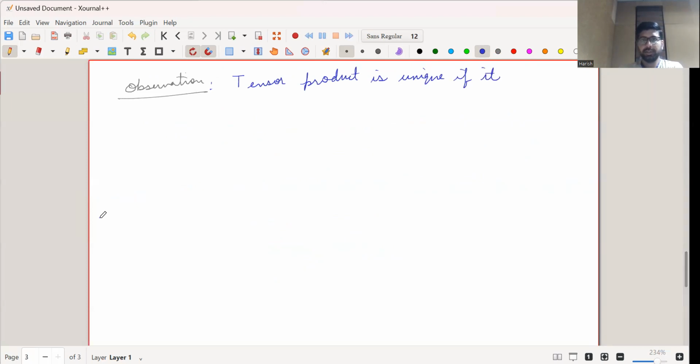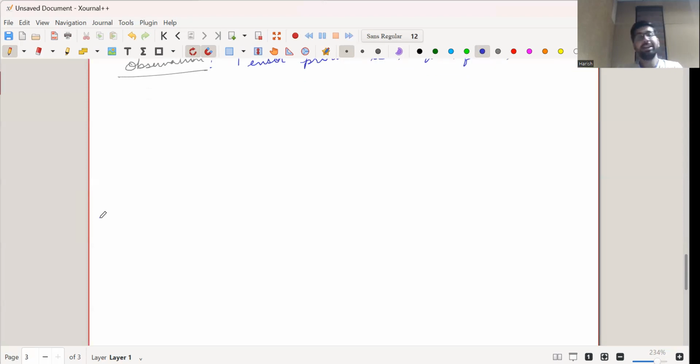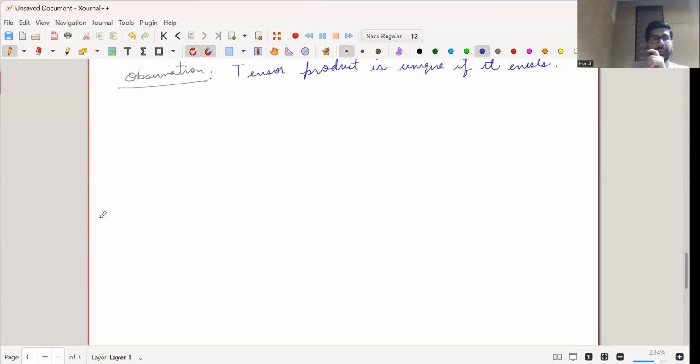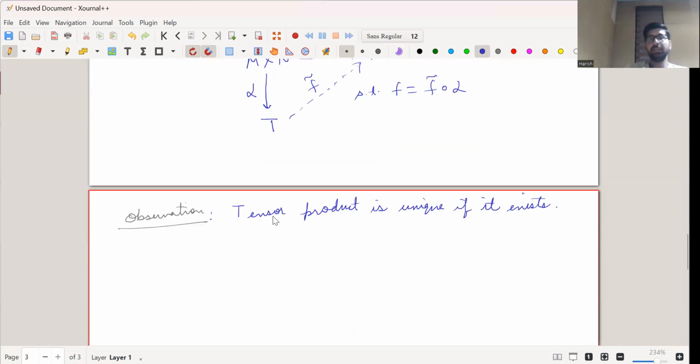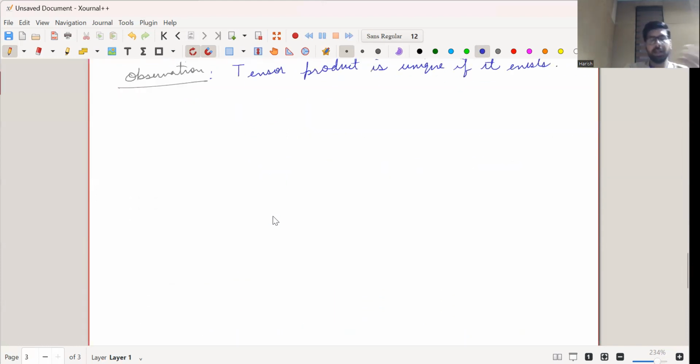So if the tensor product of two modules exists, then it's always unique. So if in the question it's given that prove that the tensor product of these two modules is the third one, then what you need to do is define a map such that it induces a map, and then show that the induced map is actually an isomorphism.